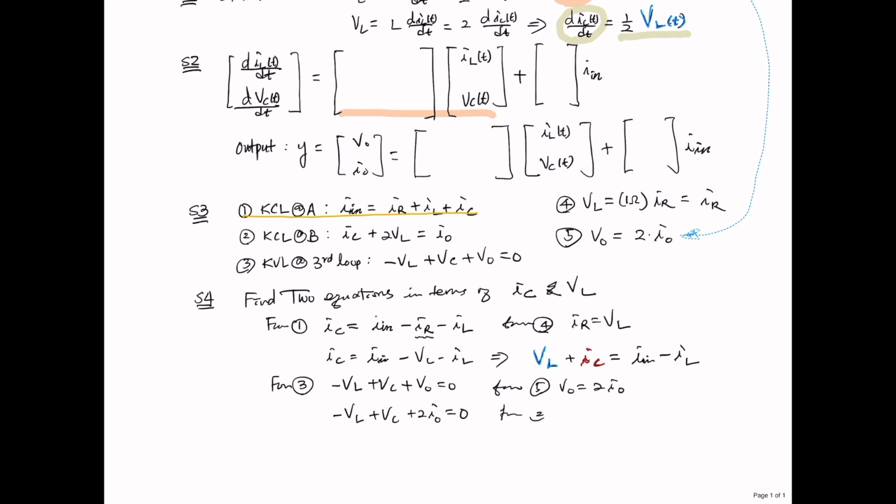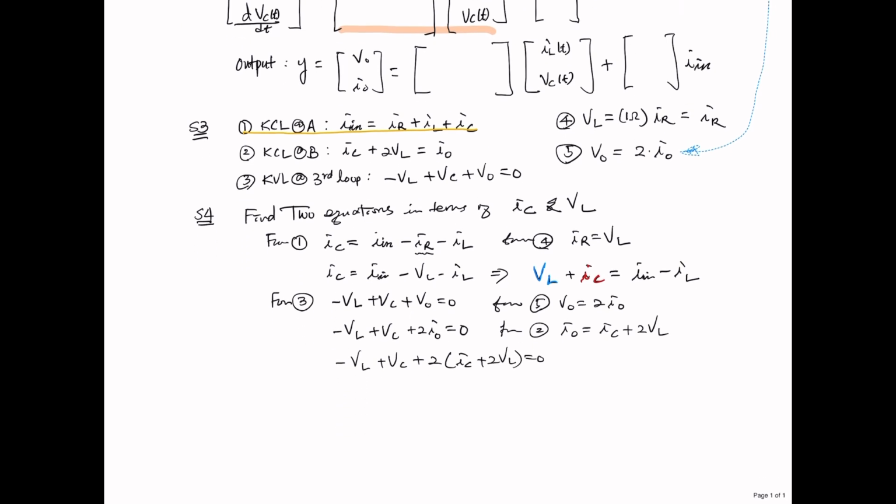Also, from 2, we have I naught equals IC plus 2VL. Then we have negative VL plus VC plus 2 times (IC plus 2VL) equals 0.